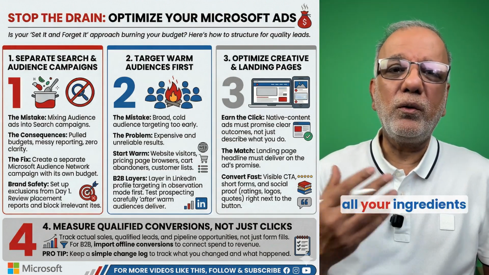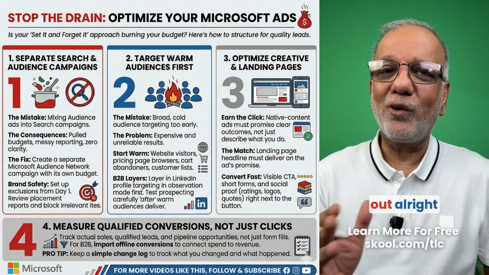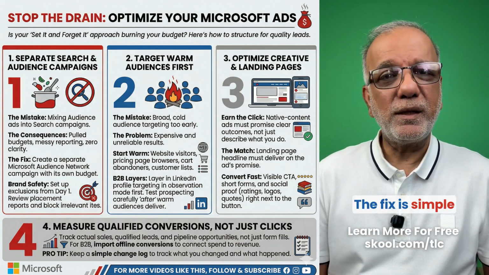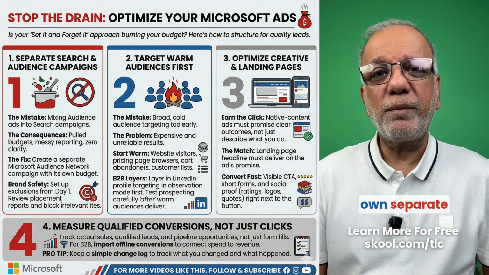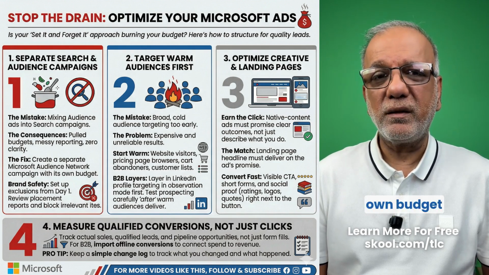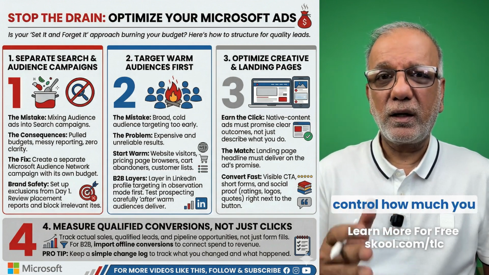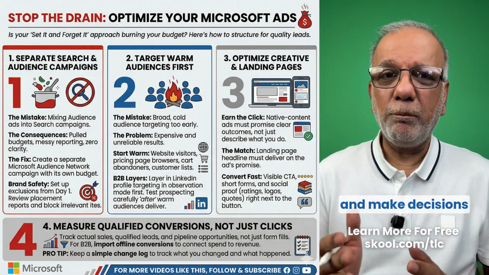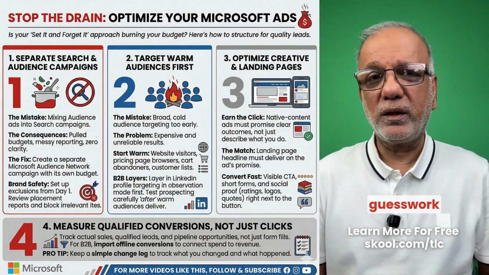It's like throwing all your ingredients into one pot and hoping dinner turns out all right. The fix is simple. Give your Microsoft Audience Network its own separate campaign with its own budget. That way, you can see exactly what it's doing, control how much you spend on it, and make decisions based on clean data instead of guesswork.